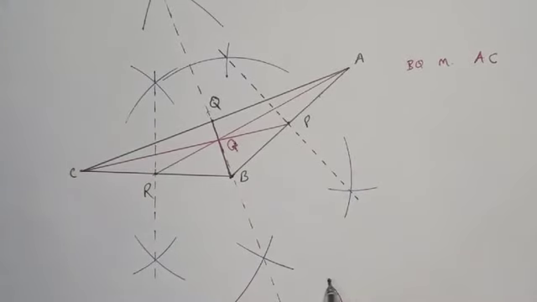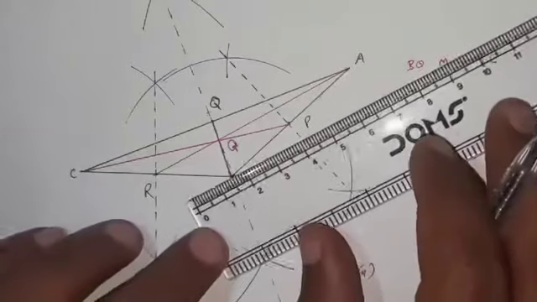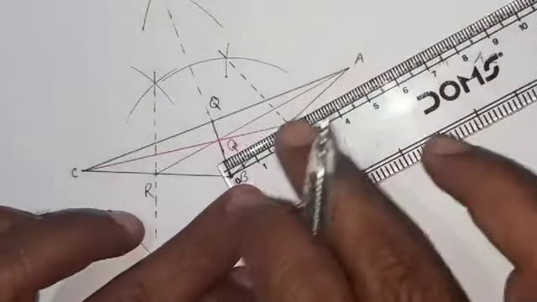Suppose first the length of AG, with the help of a scale I will measure the length of AG. This is AG.